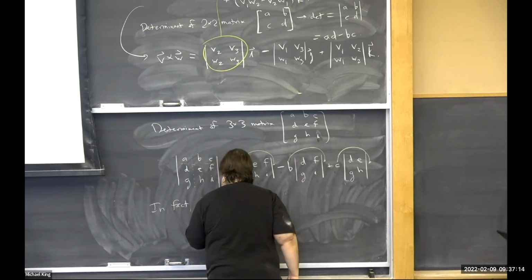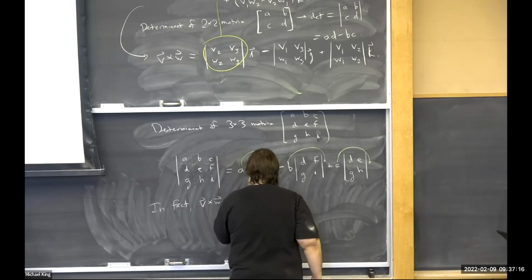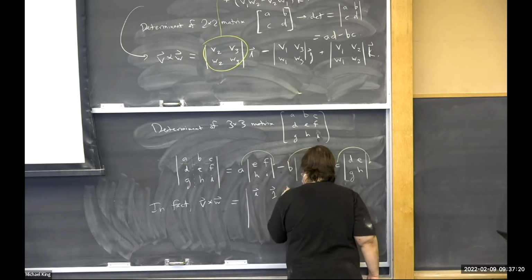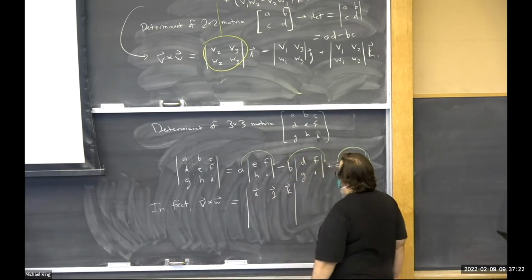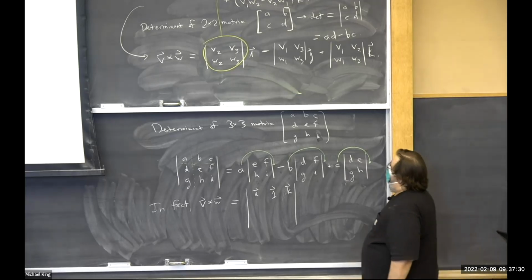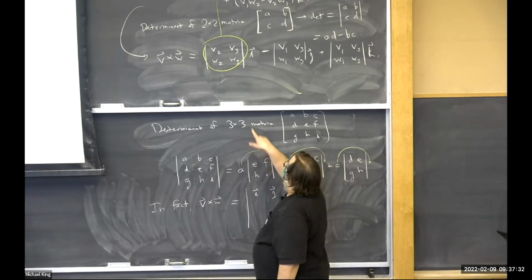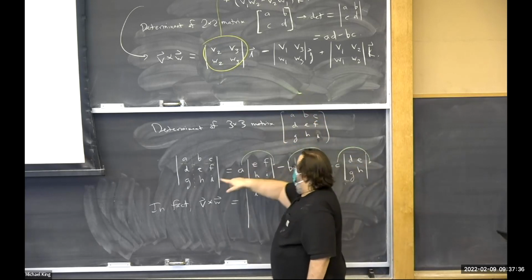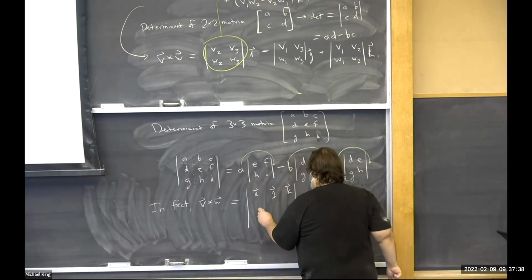So in fact, for V cross W, there's this really compact way to write it, which is I put the I, J, and K along the top here, which is already a little strange to put vectors inside matrices, but it's just formal nonsense. And then notice, E, F corresponds to V2 and V3, D corresponds to V1, so really this is V1, V2, V3.